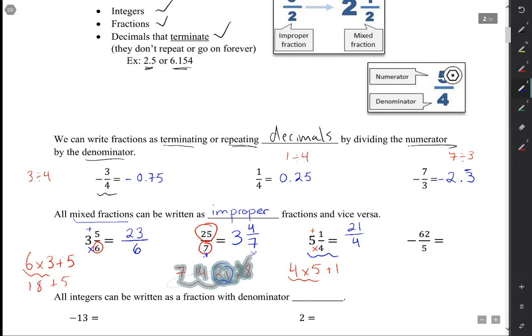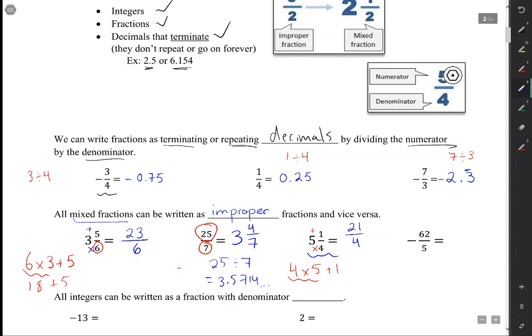Another way you can do this is you can put it in your calculator and just do 25 divided by 7. If you were to do that, you get 3.5714, and it's some decimal that goes on forever.